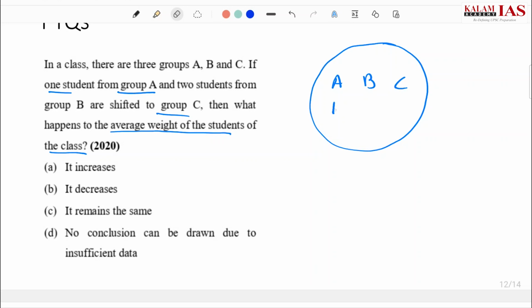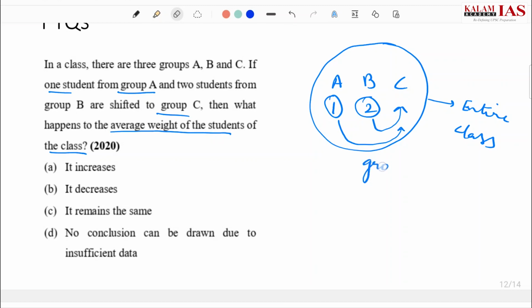One student from group A and 2 students from group B are shifted to group C. 2 from here and 1 from here. But as you can see, the number of students in the entire class, this is our entire class, is the same, just their groups are shifted.